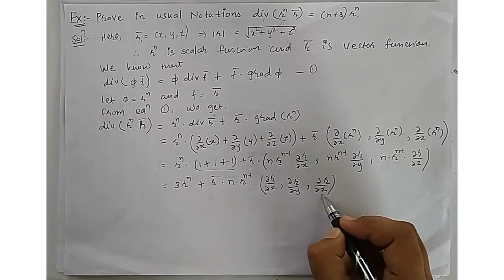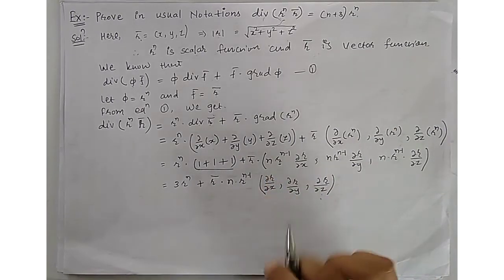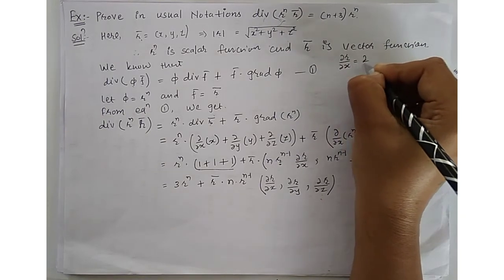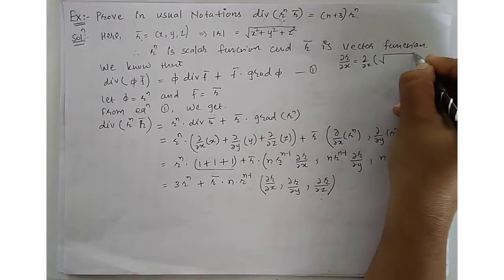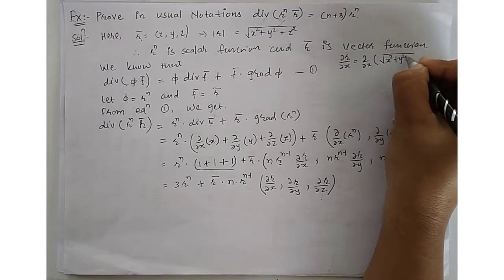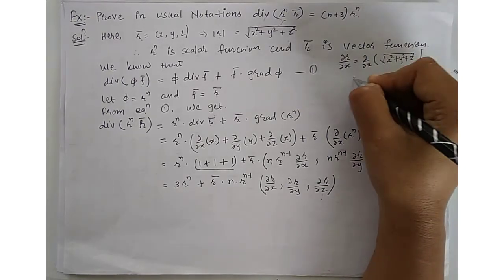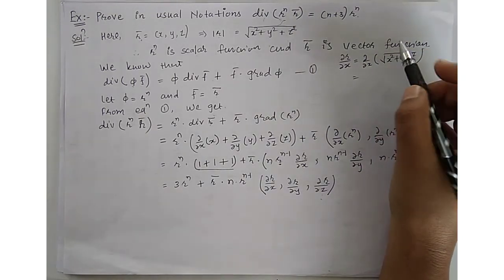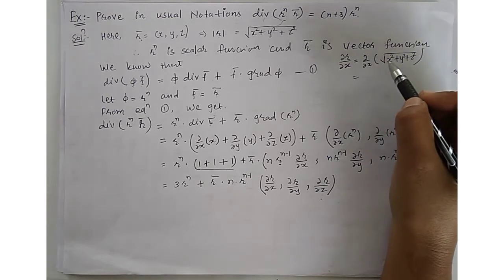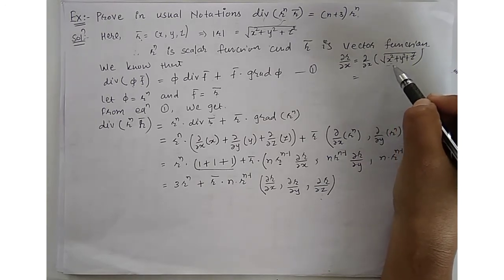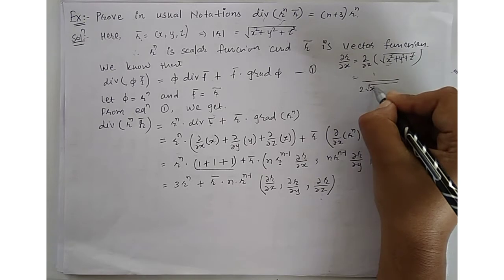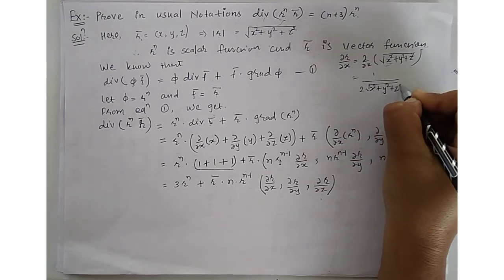So del r by del x means del by del x of square root of x square plus y square plus z square. When you take the partial derivative with respect to x, what is the differentiation of square root of x? That is 1 upon 2 square root of x, right? So 1 upon 2 times square root of x square plus y square plus z square.